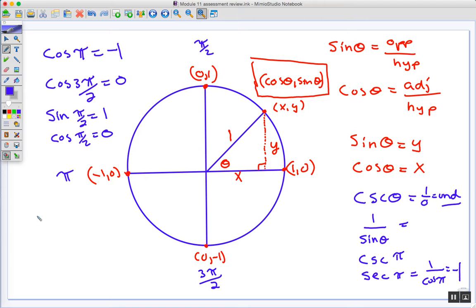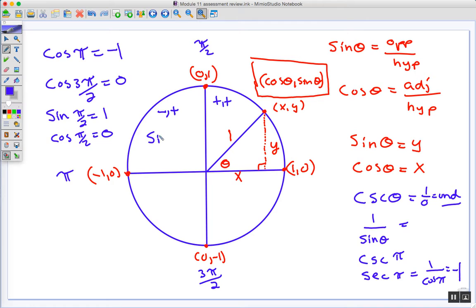So if we were looking at these different quadrants, knowing that cosine deals with x and sine deals with y, in this first quadrant, x and y are both positive. In the second quadrant, x is negative and y is positive, which means if you have an angle in this quadrant, sine would be positive because sine deals with y, and cosine would be negative.